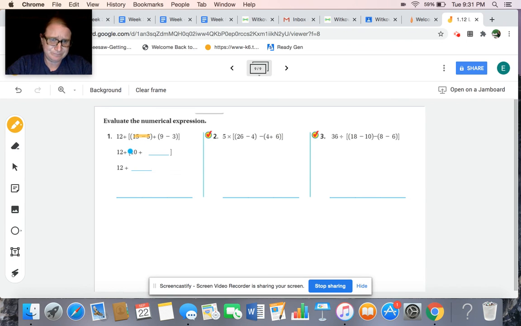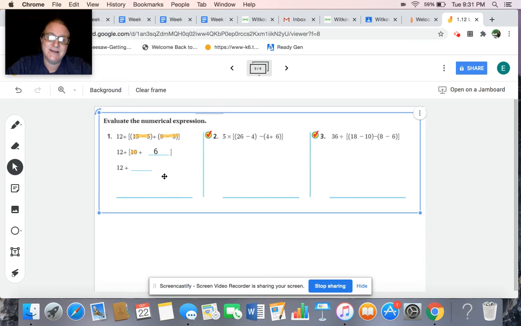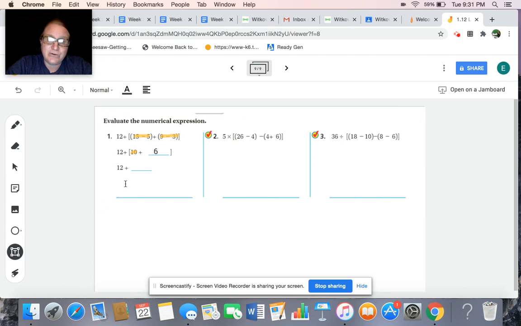We have 15 minus 5. 15 minus 5 is 10. Then we have 9 minus 3, and we need to do that one. 9 minus 3 is 6. Then we can do what's inside the brackets, and 10 plus 6 is 16.